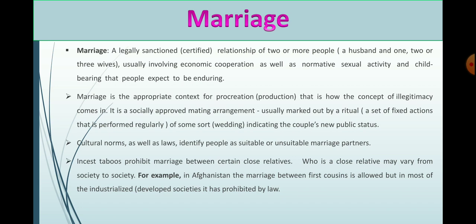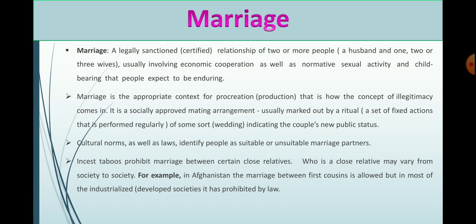Marriage is focused on, or we can say insisted upon, because of the creation of family, because of childbearing, as well as because of biological needs. Marriage is the appropriate context for procreation or production. That is how the concept of illegitimacy comes in.